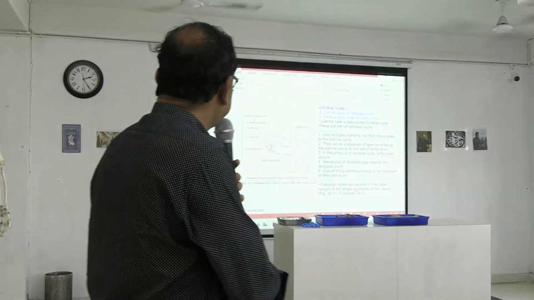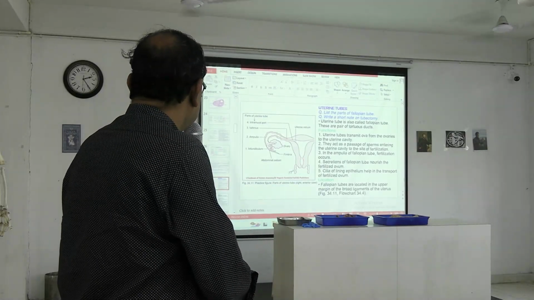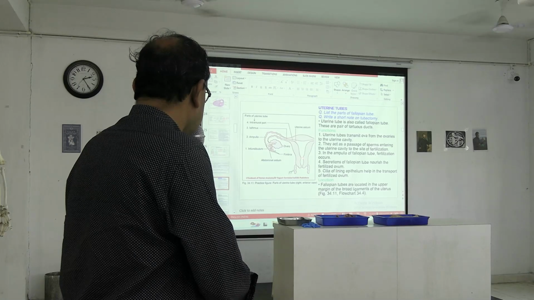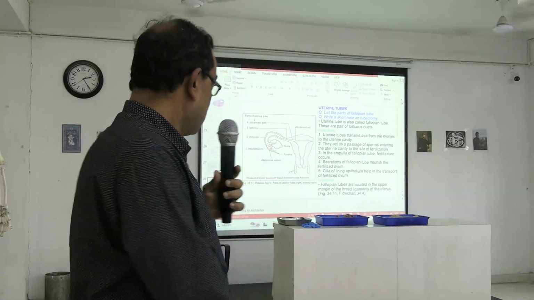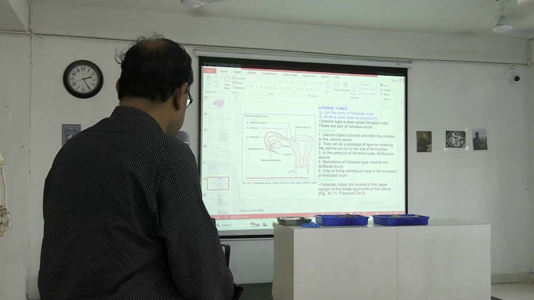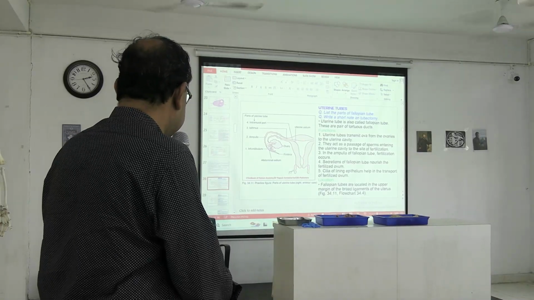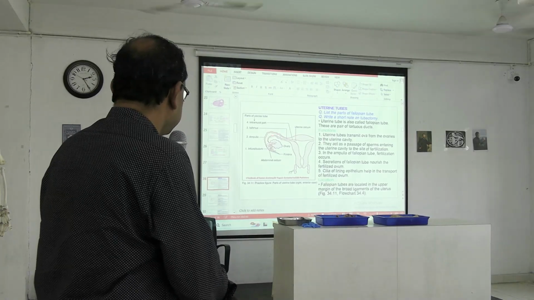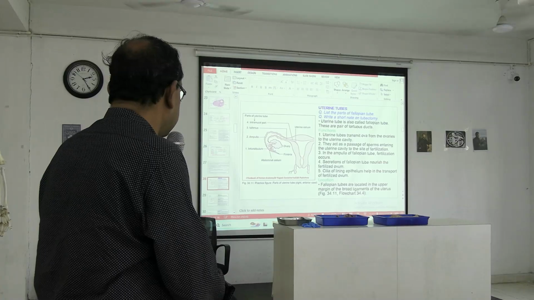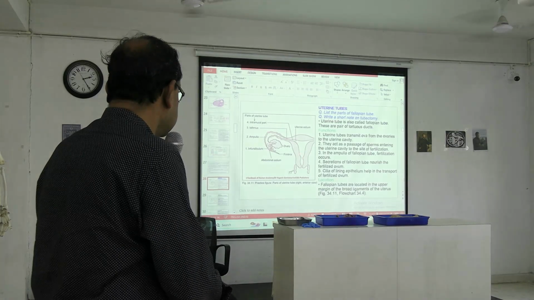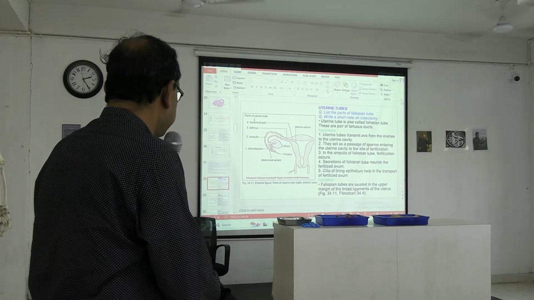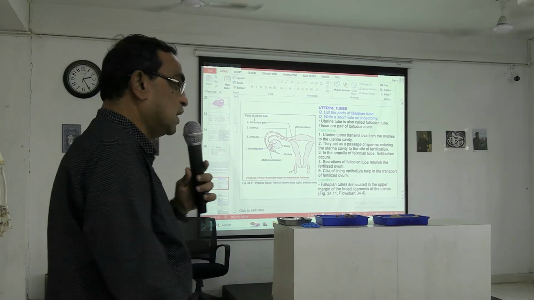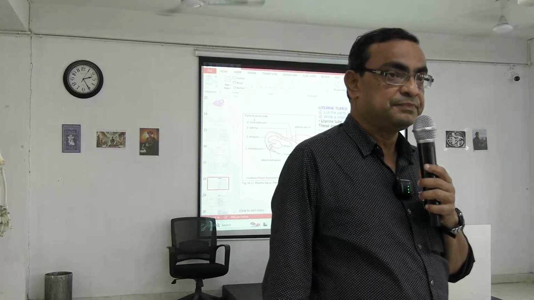And in the lower part, it is continuous with a canal which is called the cervical canal, or this part is called the cervix. And this area between the body and the cervix is called the isthmus.